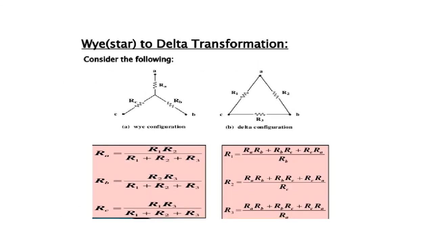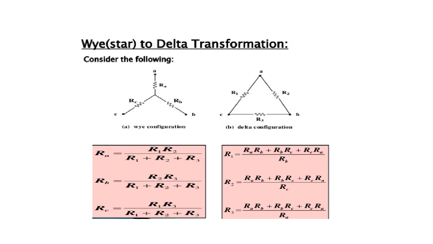RA is equal to R1 into R2 divided by R1 plus R2 plus R3, and RB is equal to R2 R3 divided by R1 plus R2 plus R3, and RC is equal to R1 R3 divided by R1 plus R2 plus R3. Okay, so for R1 we have to find out by using the following equation, that is R1 is equal to RA RB plus RB RC plus RC RA divided by RB here.